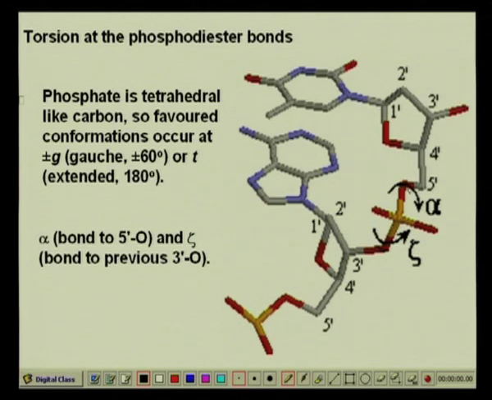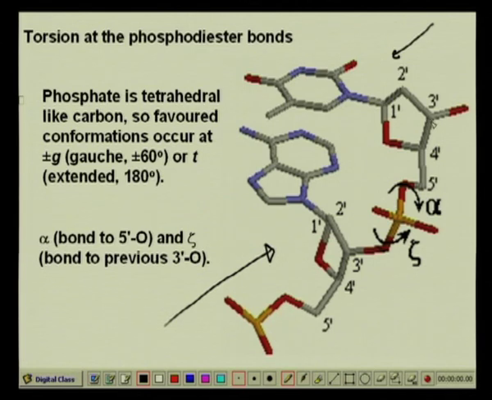So this is one unit here, the top, and this is another unit, right. We have linked these two units together. We will see how they link together later on, but we first have to understand how the conformational considerations are going to play an important role.